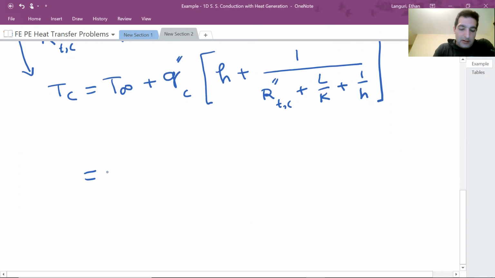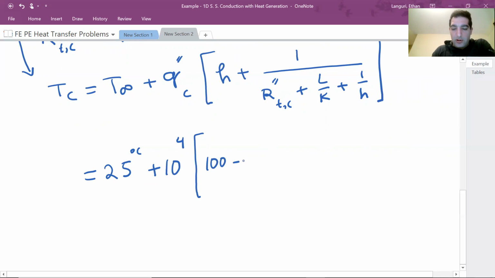So TC is, T infinity is 25 degrees C, plus, what is the heat flux generated in the chip? 10 to the power of 4 times, H was 100 watt per meter square Kelvin, 1 divided by thermal resistance by the contact. We found it to be 0.9 times 10 to negative 4.